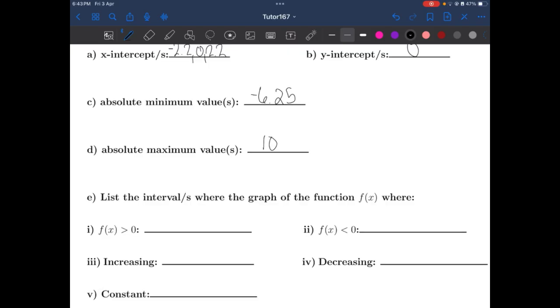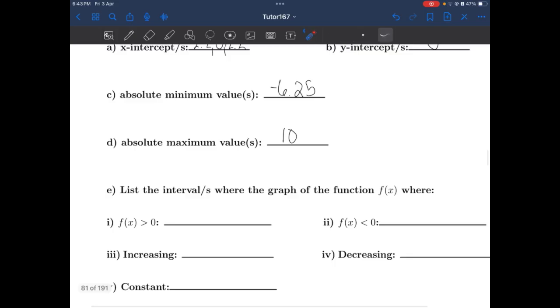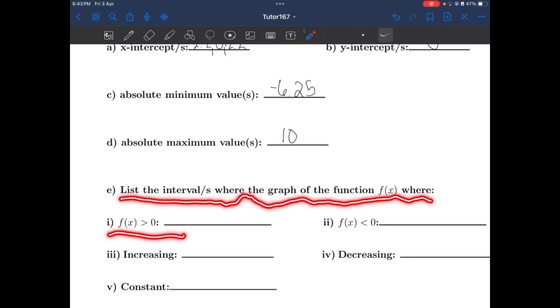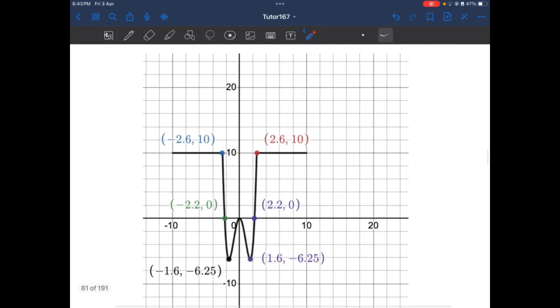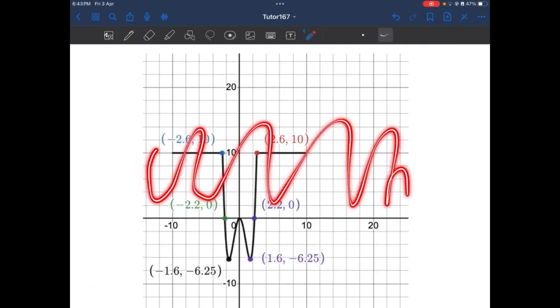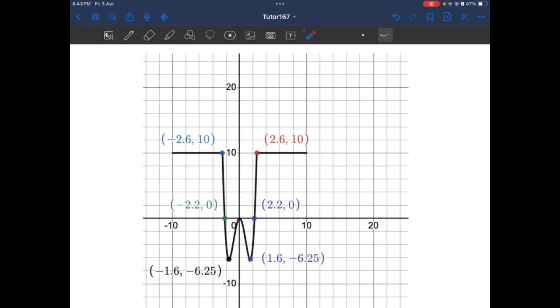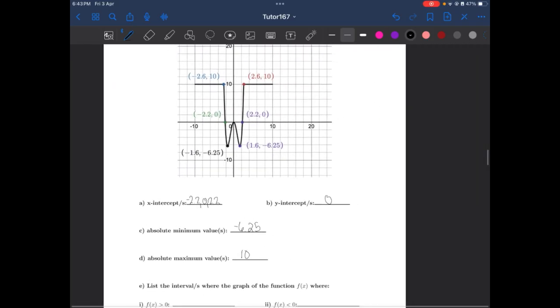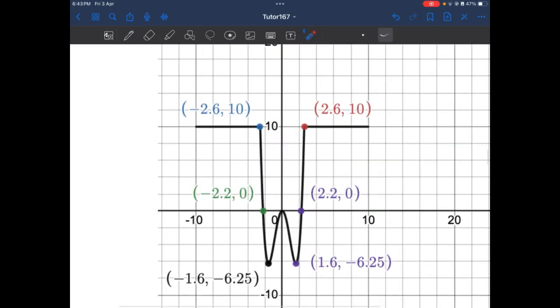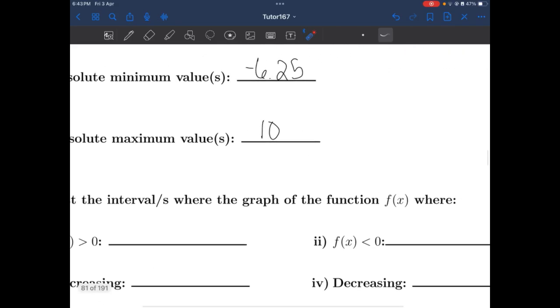List the intervals where the graph of the function f of x is greater than 0, so where y is greater than 0. We're looking at all the values up here, and we list them in terms of our x values. You see it start here at negative 10, up to negative 2.2. This is where the graph is greater than 0.